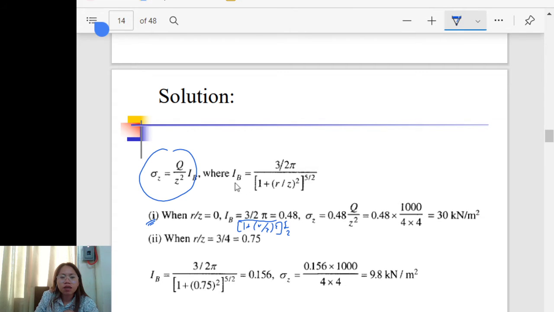Using the Boussinesq coefficient, the answer is I sub B equal to 0.48.